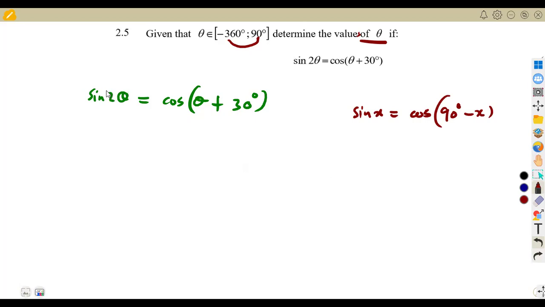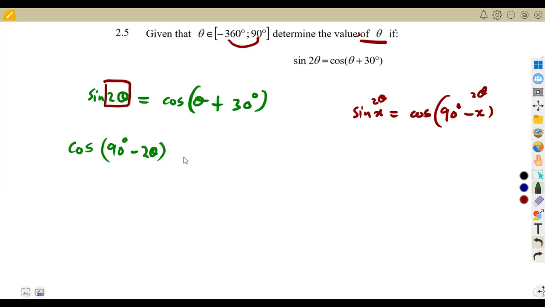So if I have the sine of 2 theta, this is my x, which is 2 theta. It is going to be the cos of 90 minus x, which is 2 theta. So in place of sine 2 theta, we can write it as a cos of 90 degrees minus 2 theta.